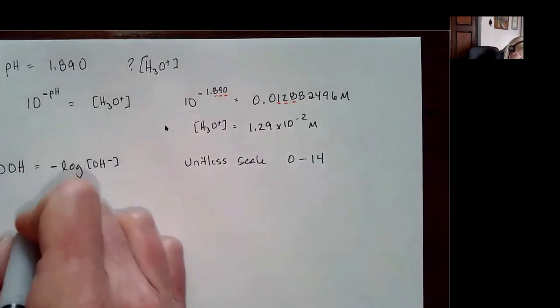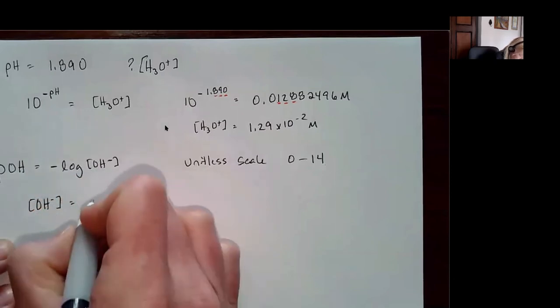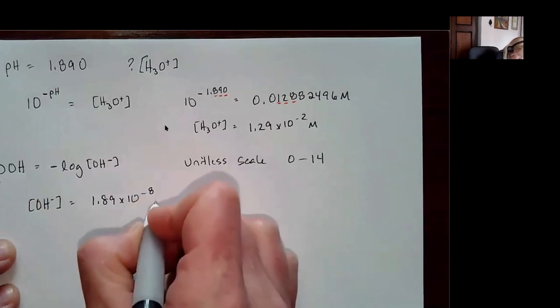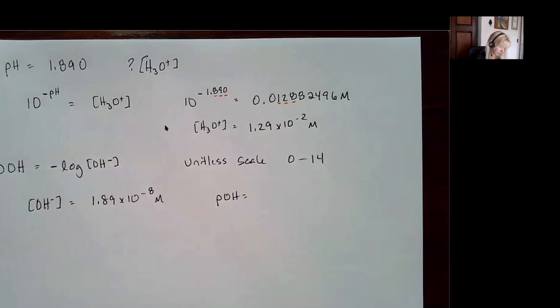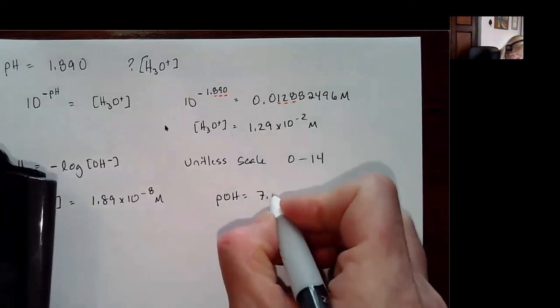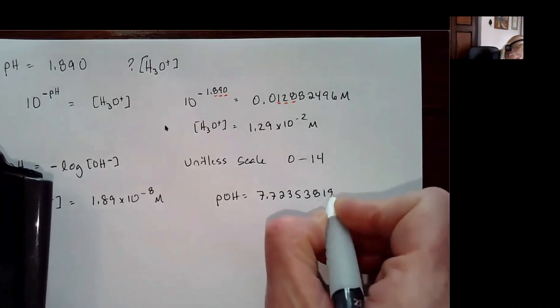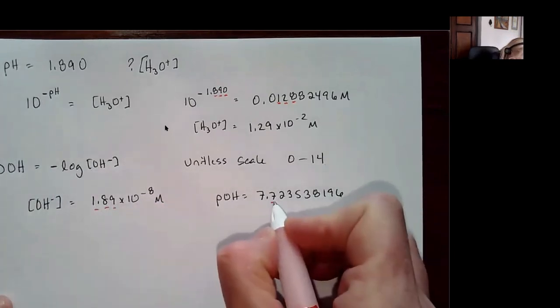So if I have a hydroxide ion concentration of 1.89 times 10 to the minus 8 molarity, my pOH is going to be the negative log of that. That's going to give me 7.723538196. I have 3 significant figures, so I'm going to go out 3 decimal places.